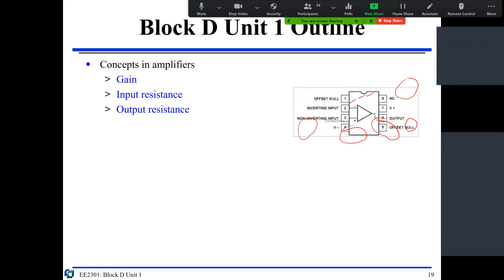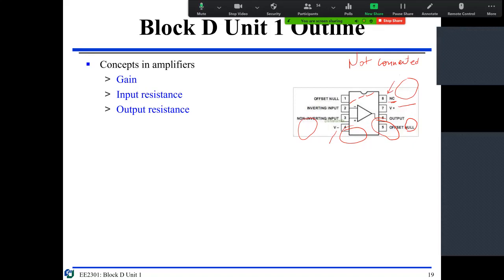Then you have eight terminals. There's an inverting input, a non-inverting input. This is the symbol. You have a power supply negative, power supply positive. NC stands for not connected, so we have no use for it.